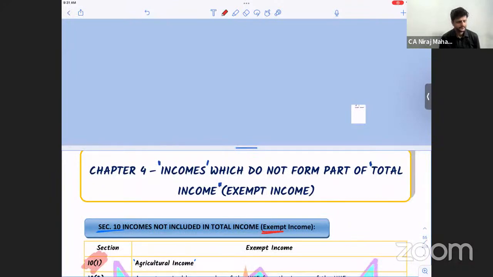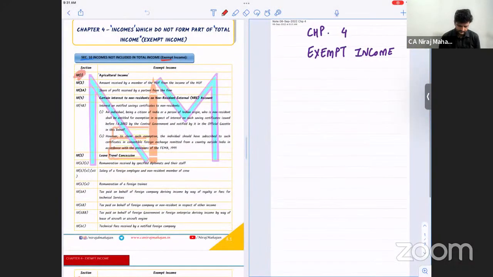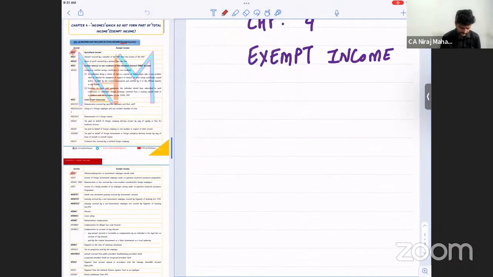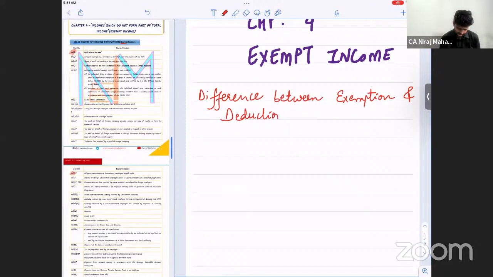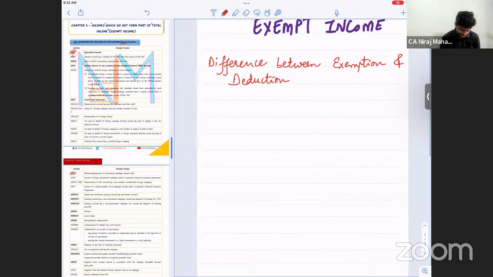In a notebook, write down: difference between exemption and deduction.